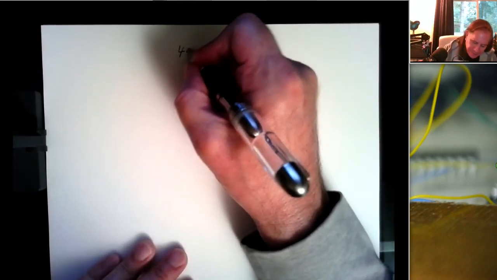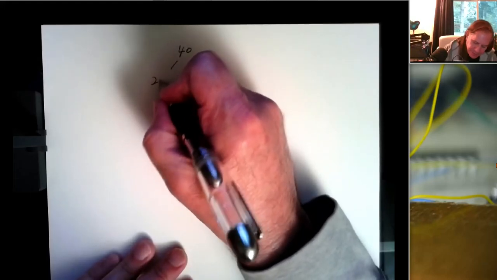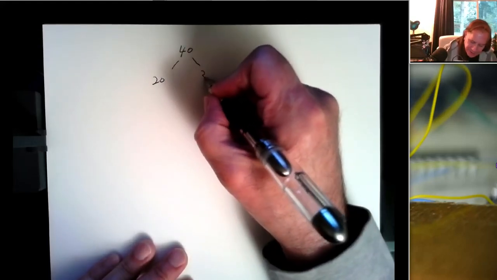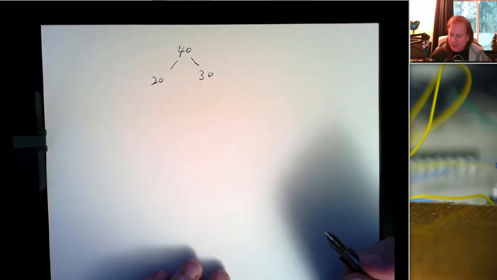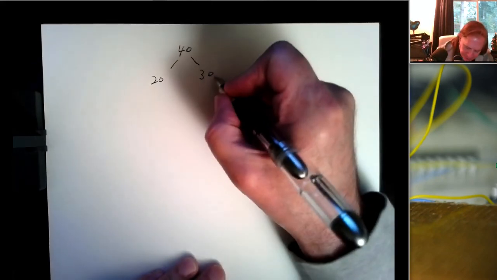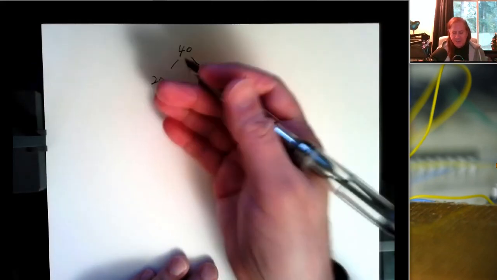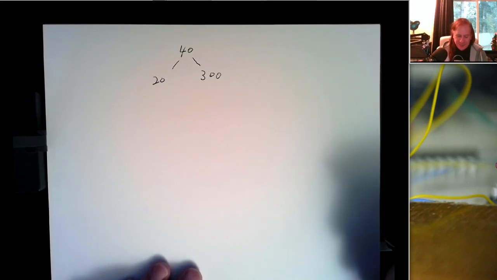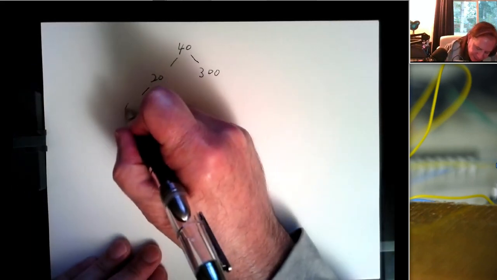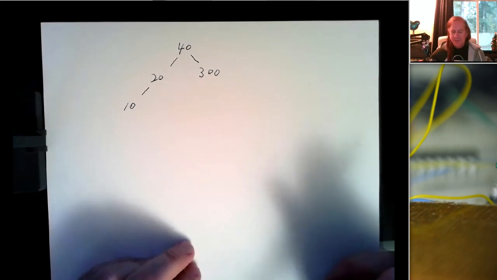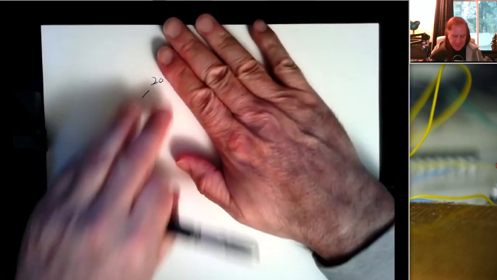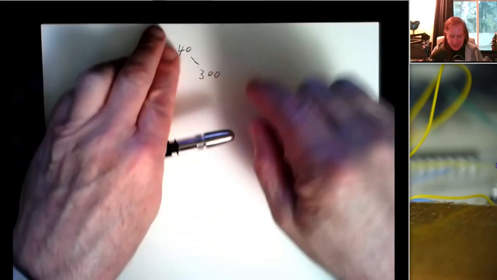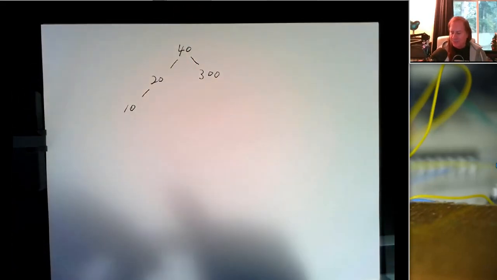So let me make a node with some values. So there's a binary search tree. Make that 300, so that's clearly balanced, and I might add a 10 over here. And this is still balanced. This tree is balanced, that tree is balanced, this tree has a height of 1, this has a height of 0, no problem.